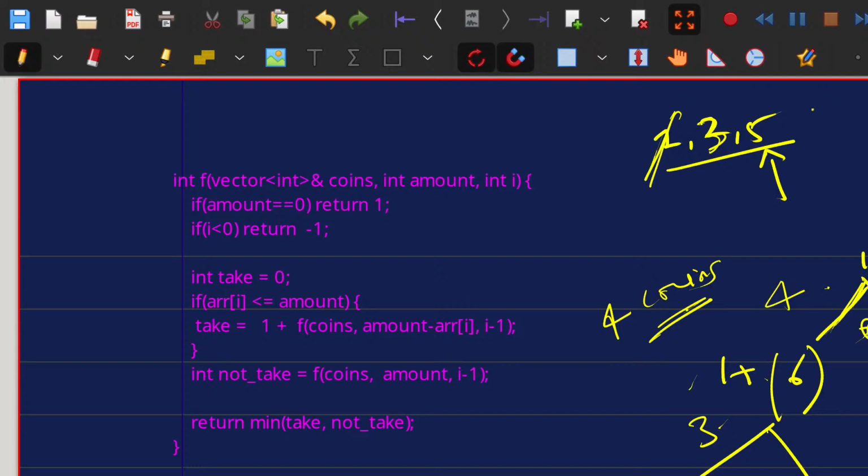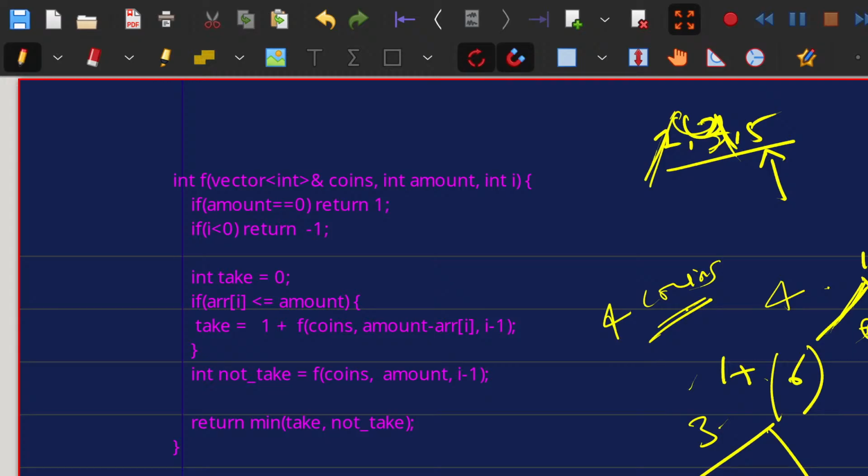No, let's make it 4. 5, 5. It becomes 1. So we have 4 right now. We can't make 4. Okay. So it returns minus 1 from here, right?